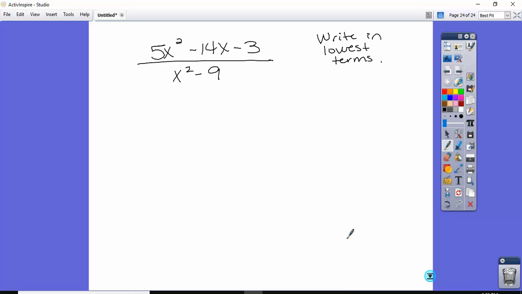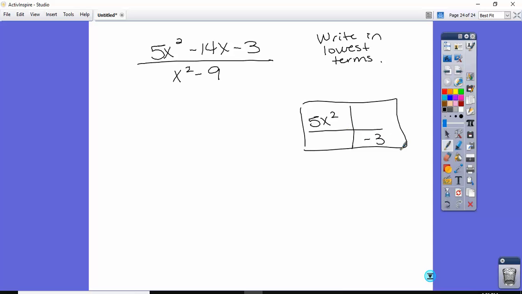Okay. Lowest terms means we have to first factor and then see if anything cancels. Can I do the shortcut box method on the top? No. Why not? Right, because of that 5x squared. So we have to do the full box method.